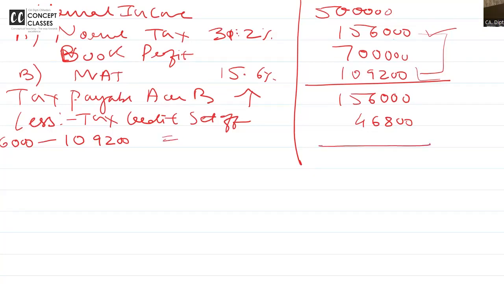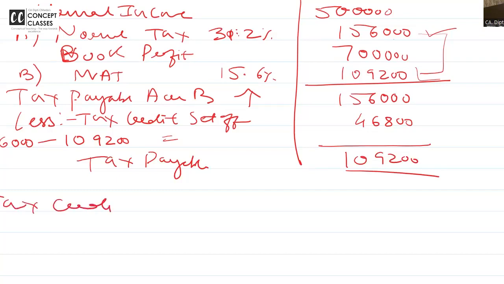How much you can set off? 46,800. What is final tax payable? MAT only, 1,09,200. How much is tax credit still carried forward? 2 lakh was there. Already I used 46,800, over and out. 46,800 की story खत्म हो गई है. So 1,53,200.